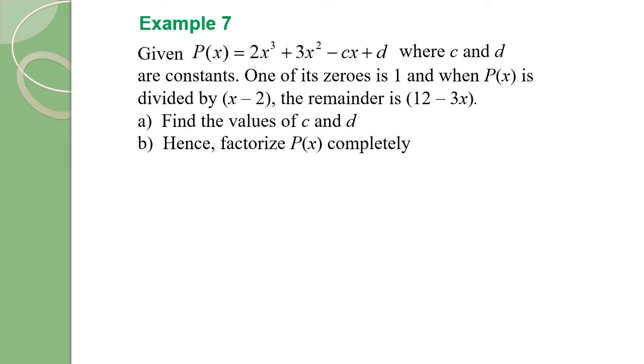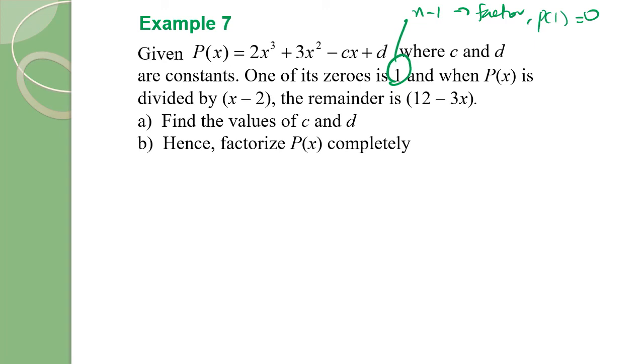Now we don't have all the factors or all the zeros, but we have one zero, which is equal to 1, meaning x minus 1 is a factor, and P of 1 equals 0. So we will have one equation here, but we want to find two unknowns, c and d.